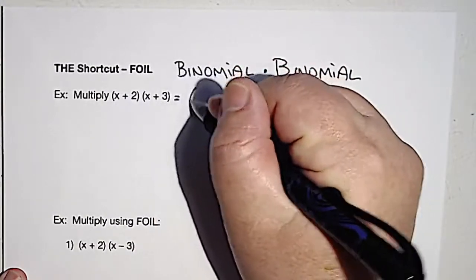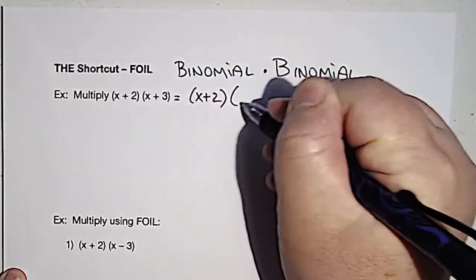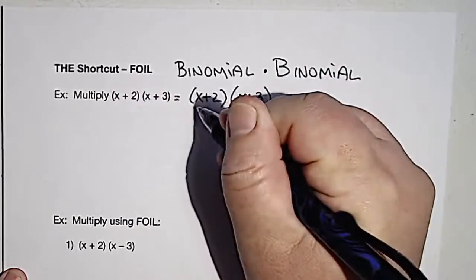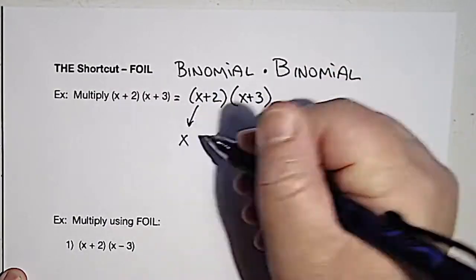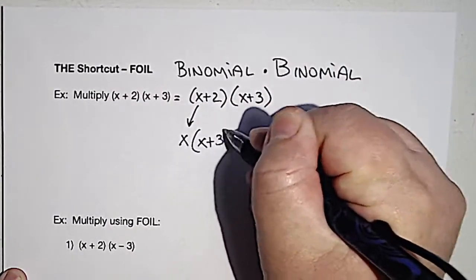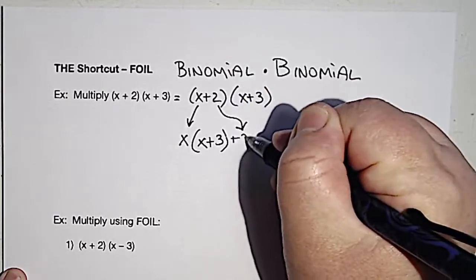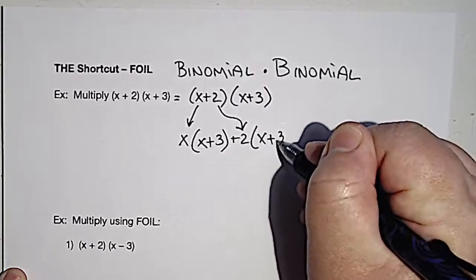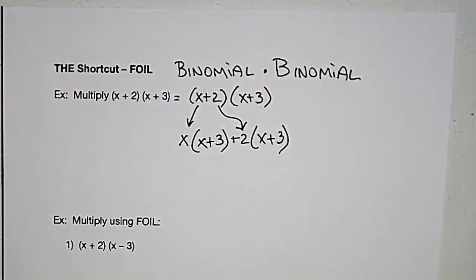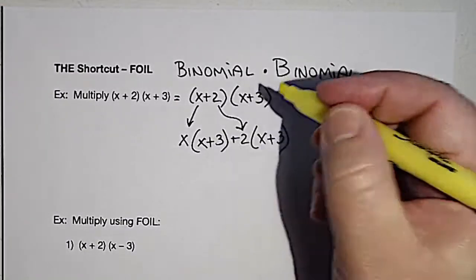Right? You've got x plus 2 times x plus 3. Break up the x, multiply times x plus 3, break up the plus 2, multiply by x plus 3. People just got tired. They're like, ugh, I have to write this every time.